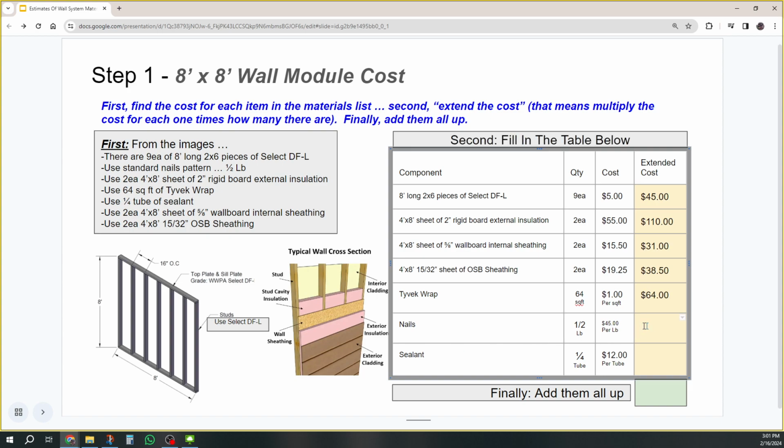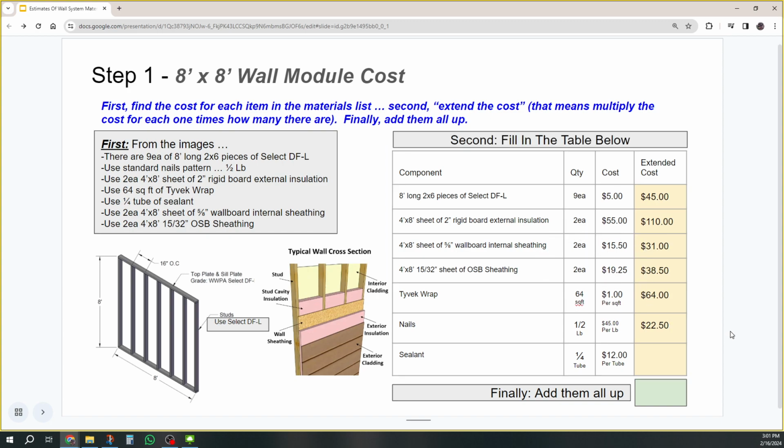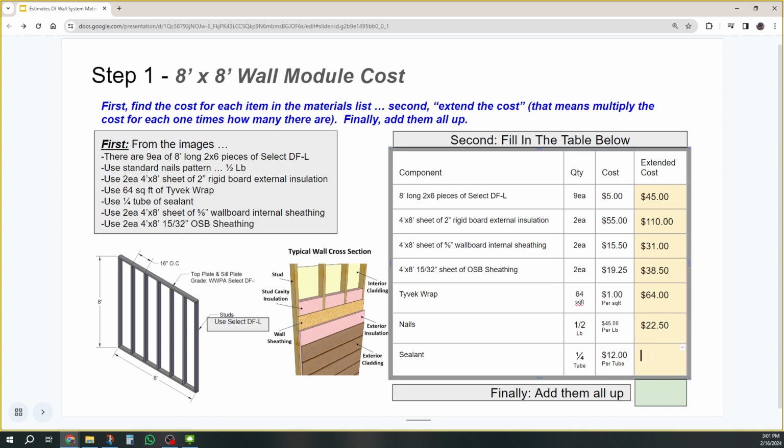So that looks like it's $22.50. I can multiply it out, right? It's half of 45. Each of these is just multiplying my quantity times the cost. And for my sealant, I'm going to use 1/4 of a tube. So 1/4 of 12 is pretty close to $3.